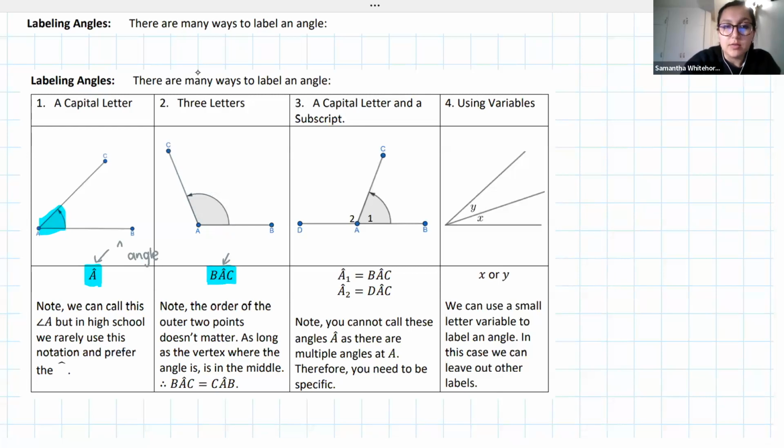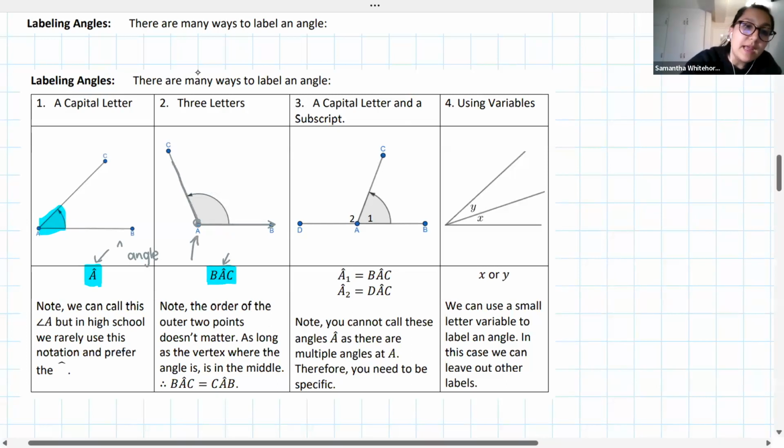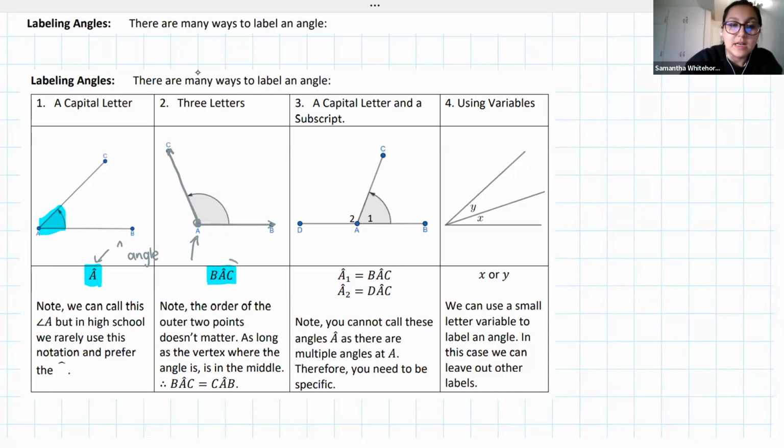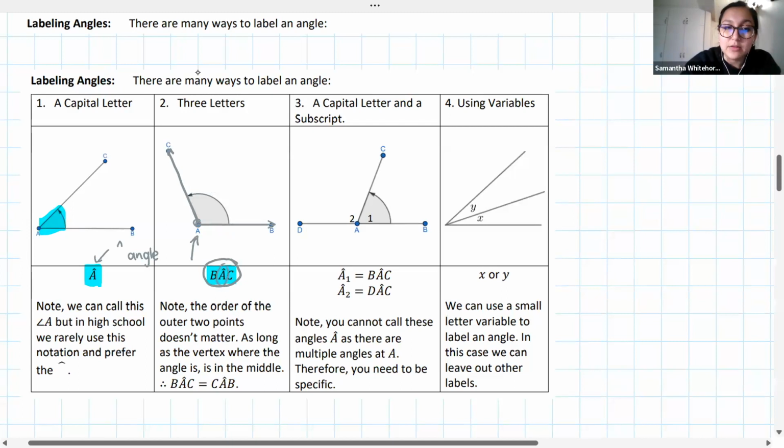So if we start on the right-hand side, we go from point B to A. A is where I've got my angle. And then we go from A to C. B, A, C. So this is why my 3 letters for my label follow those arms. I follow my arm BA up to AC. I put a hat on the A because that is where my angle is.